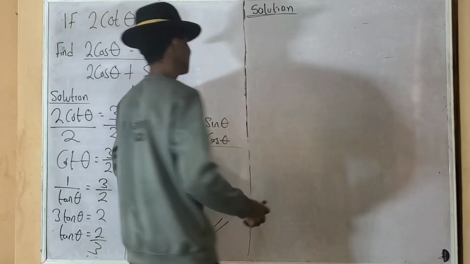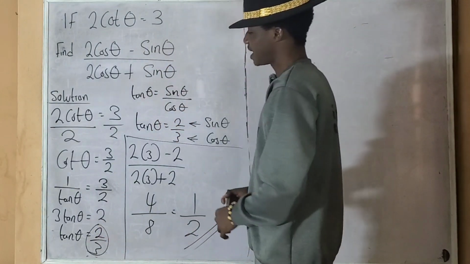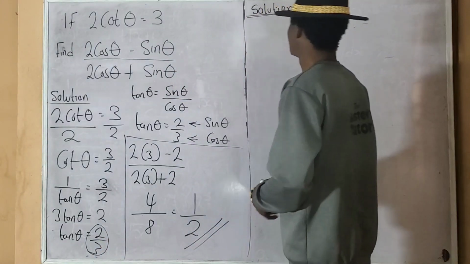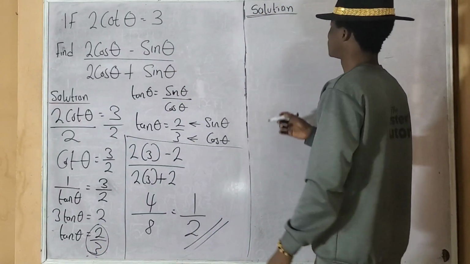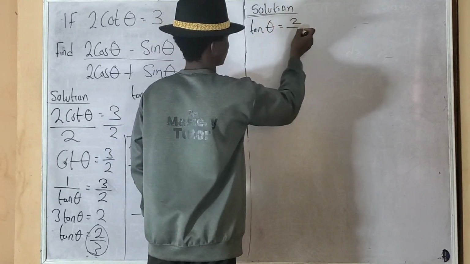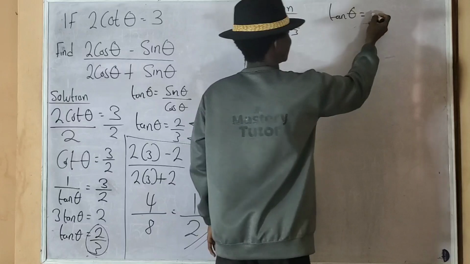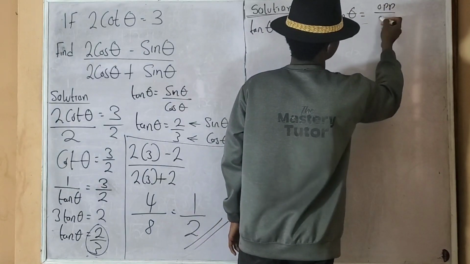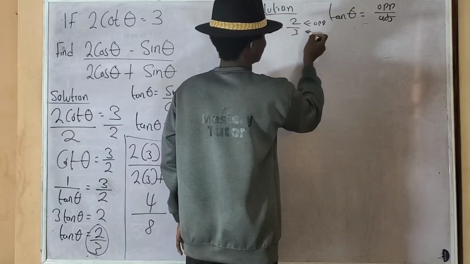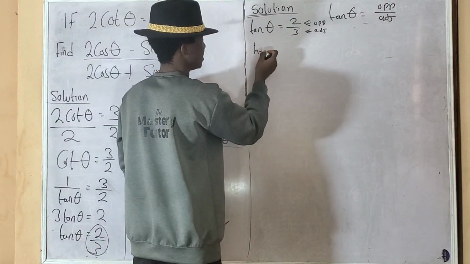Okay. From this step, we've all agreed that the value of tan theta is 2 over 3, right? Now, tan of theta is opposite over what? Adjacent, right? So this is the opposite, and this is the adjacent. Using Pythagoras theorem, we can get the third side.